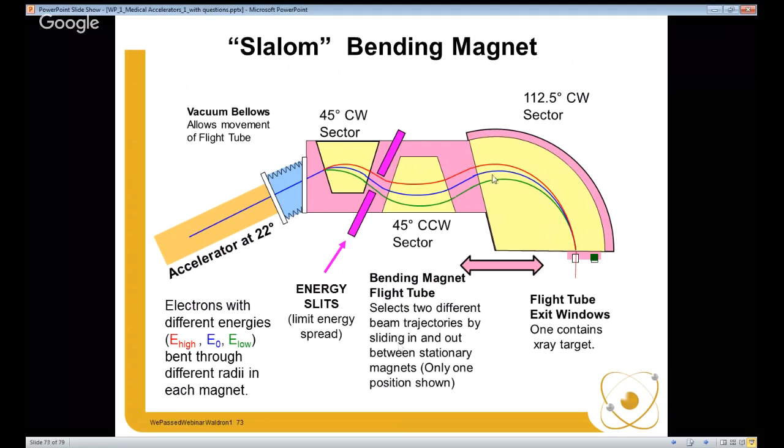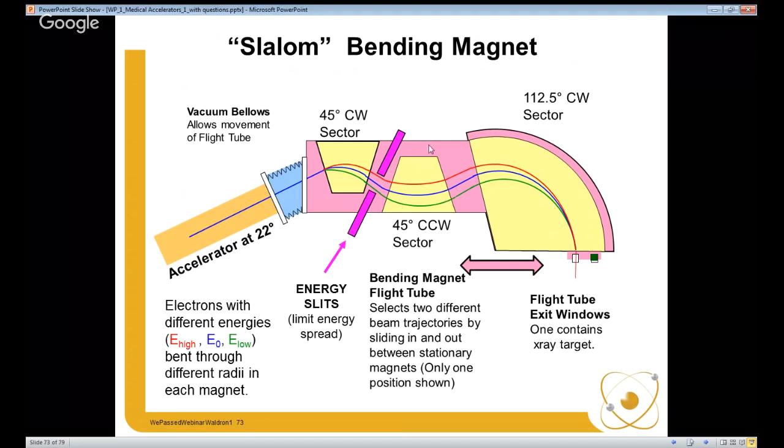If I happen to have an Elekta machine, they're taking the same principles and applying them in a curve rather than in a circle. So the Elekta accelerator is at an angle of approximately 22 degrees. It passes first through a 45-degree sector that bends the beam down, slits, a 45-degree sector that bends the beam back up, and then finally a 112.5-degree sector that bends the beam back down.